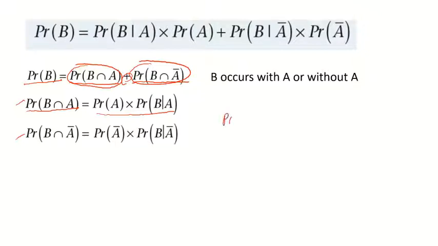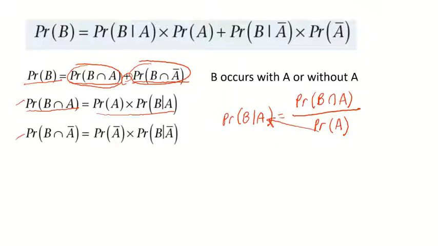The probability of B given A is equal to the probability of B and A happening divided by the probability of A. If we just cross multiply this, we get this right portion of the equation.